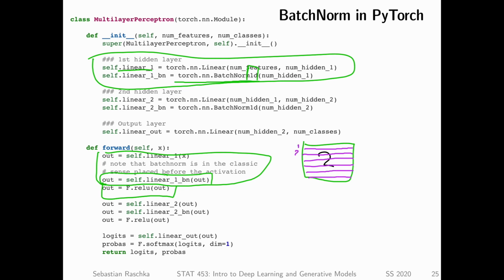So if this is my row 1, 2, 3, 4, 5, 6, I made this very long vector: 1, 2, 3, 4, 5, 6. So I just reshaped or concatenated each row to a very long vector. In that way, each pixel in the image has its own gamma and beta.